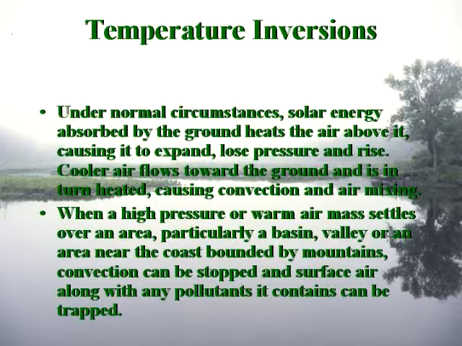In certain kinds of situations, however, this normal tendency of air above the ground to heat up and move away is interfered with. So in situations where a high pressure system locks over an area, or a similar kind of thing can happen when a body of warm air settles over an area, particularly when that area is in some kind of a basin or valley or near the coast, where a mountain range to the east of this city might interfere with movement of air.